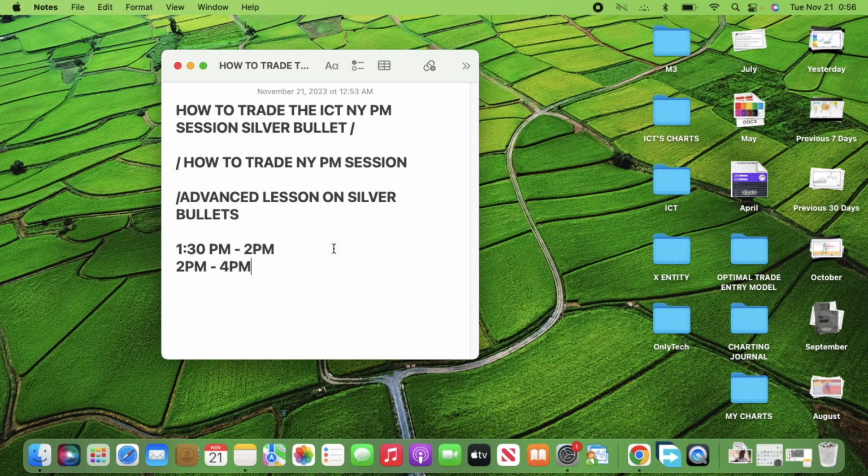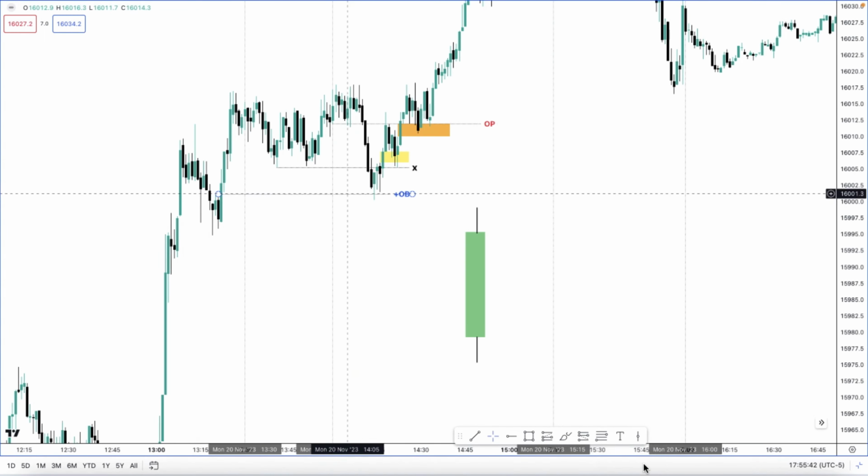Because once you look at the market from 2 p.m., it will allow you to have this 30 minutes already in price. In other words, you won't be anticipating what 1:30 to 2 p.m. is gonna do. It's already gonna be there for you to see it.